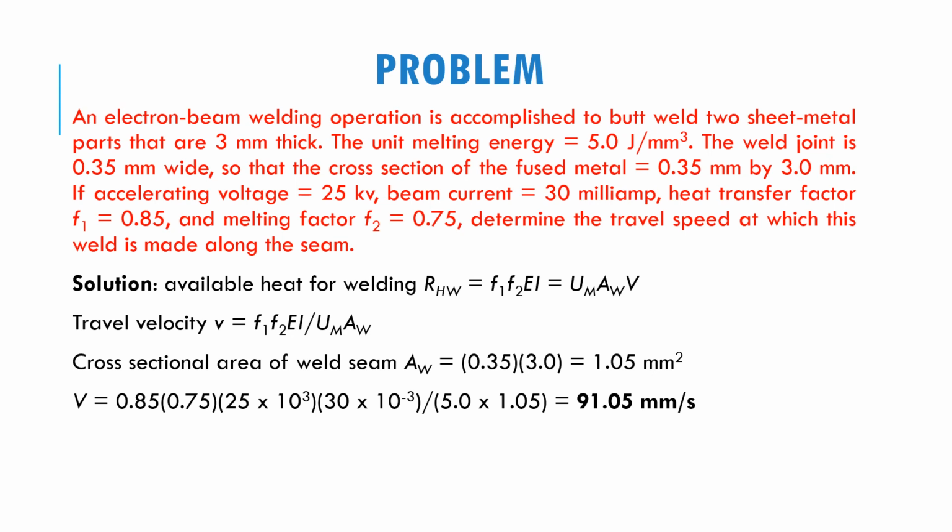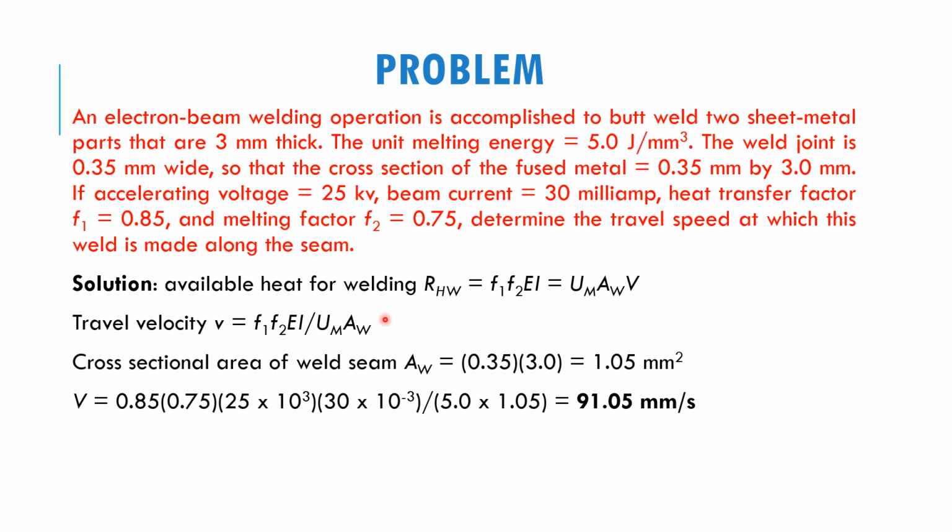So if we look into the equations that we saw previously, the equation that has the v value will be the RHW. RHW equal to F1 F2 EI equal to UM A v, right? Now, since they want the travel speed, you have to arrange the equation into v equal to F1 F2 EI over A UM.